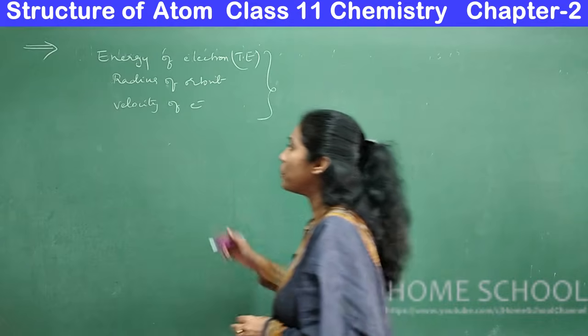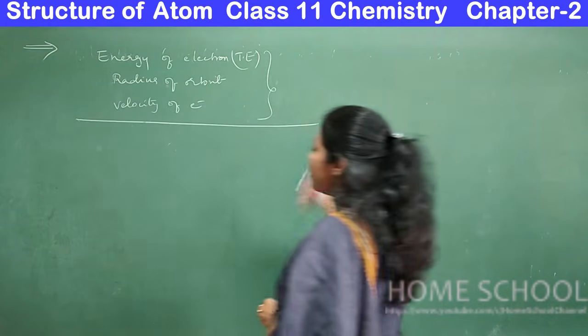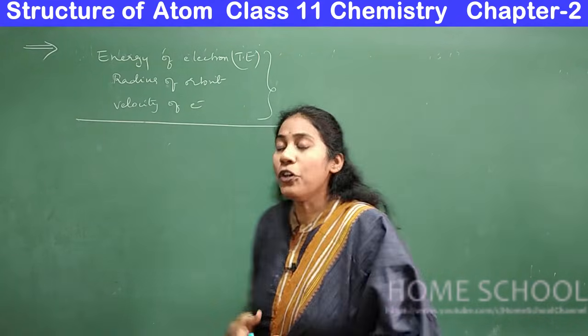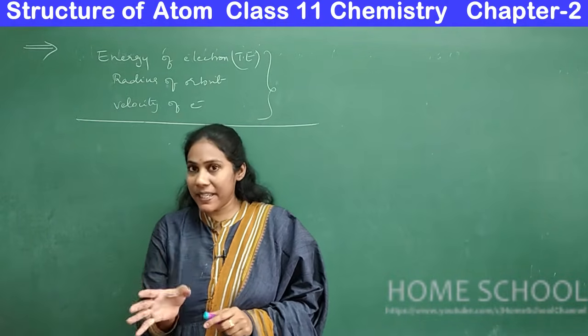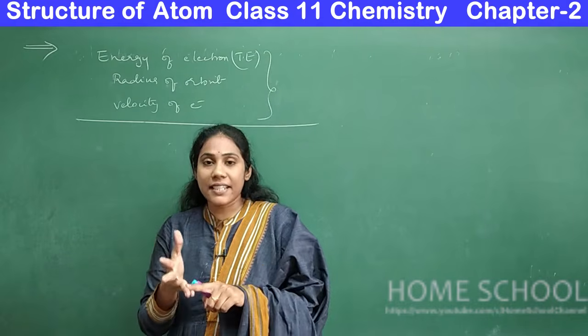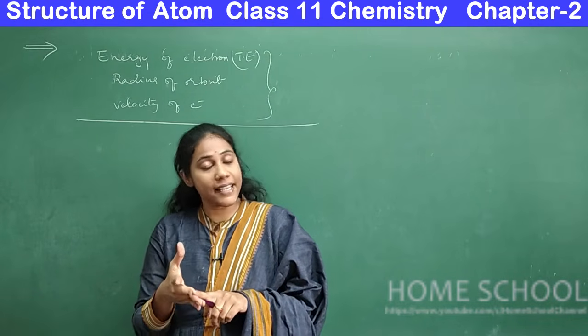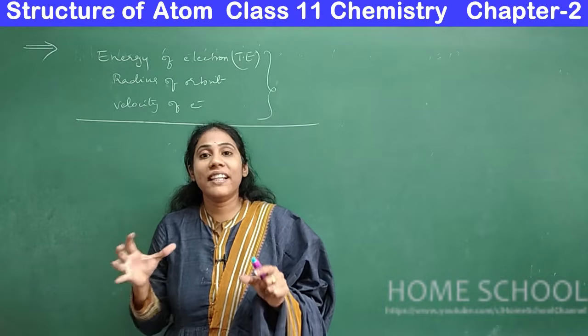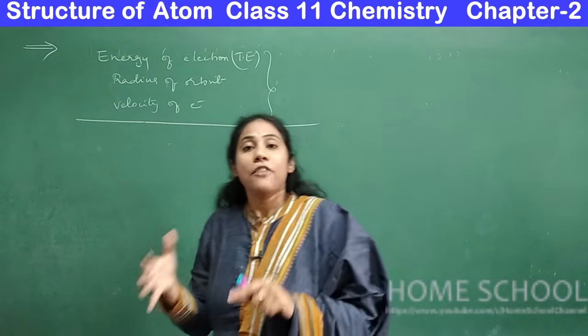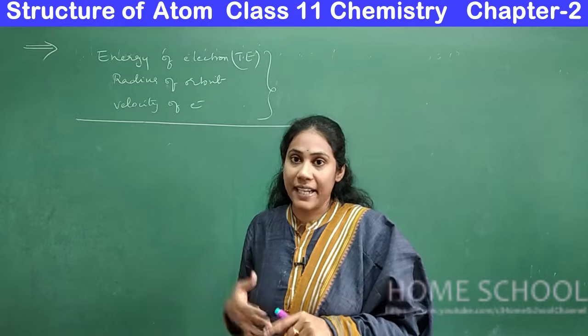First and foremost, you must have a general idea about the energy of an electron if it is present in the ground state, first excited state, second excited state, third excited state, and so on. So you should have an idea about what we mean by these first, second, third, fourth excited states.